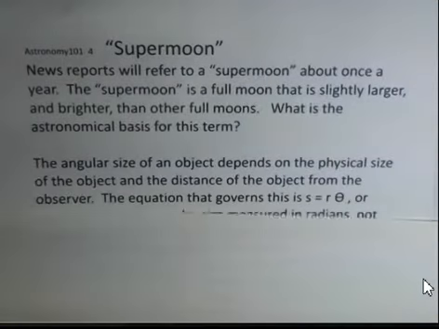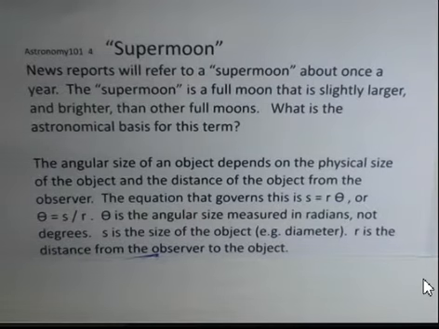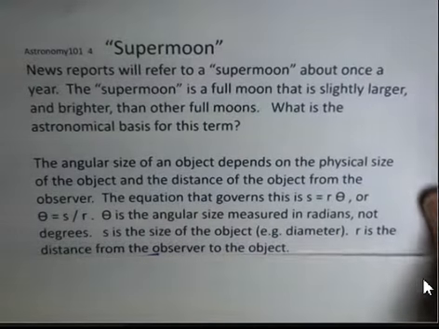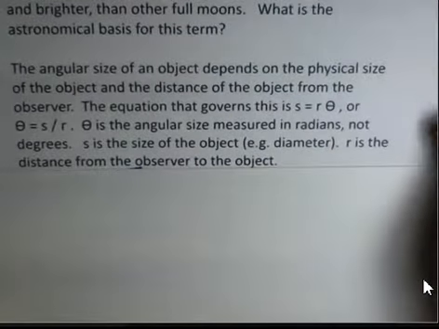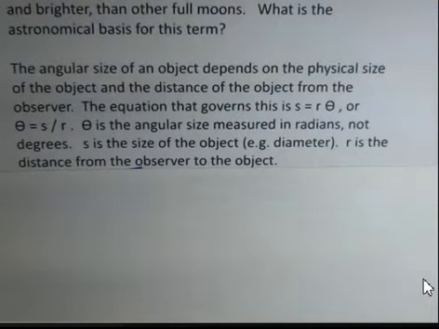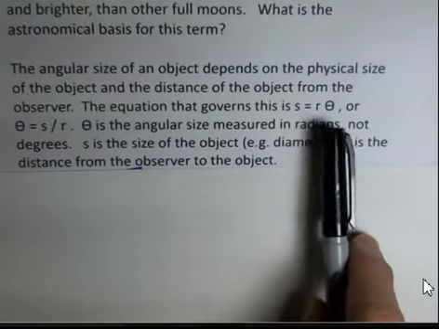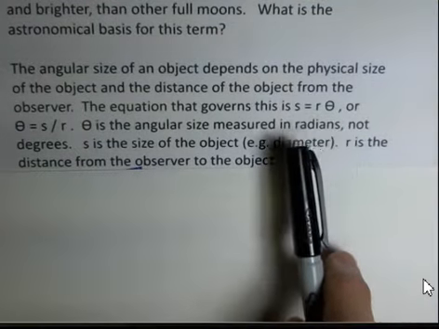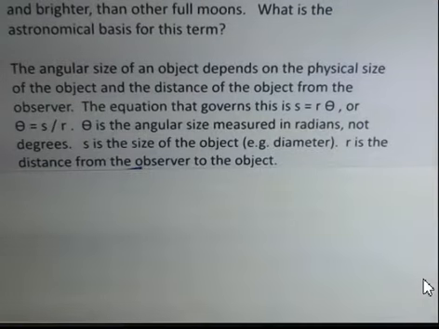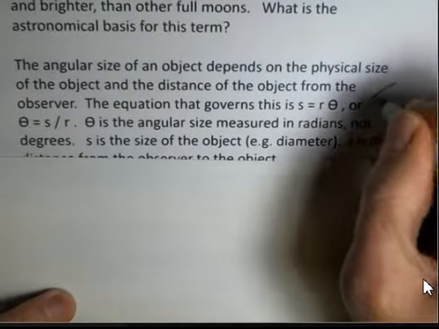So when we're interested in supermoon, a moon that's larger than average, we need to calculate the angular size of the moon on the sky. The equation that governs this is the central angle formula, S equals r theta. If you think of a sector of a circle, I'll just draw a little one here.